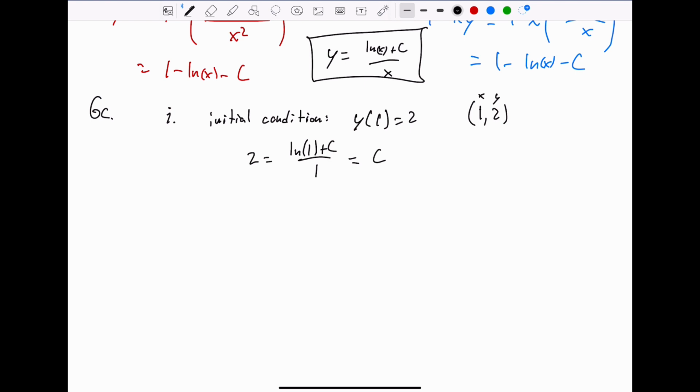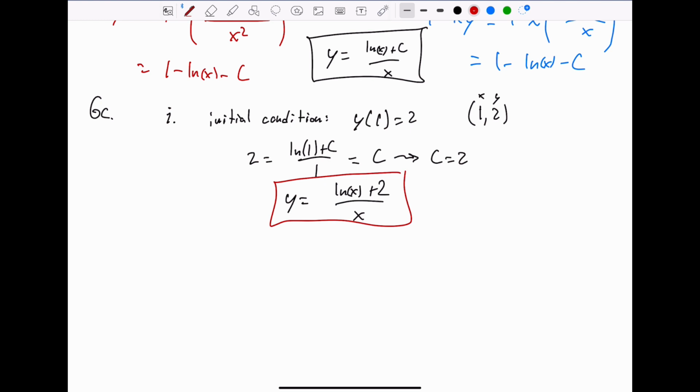So we just get c. c equals 2. So we take our original general solution and replace the c with 2. So the specific solution here is y equals natural log of x plus 2 divided by x. That's the solution for this initial value problem.